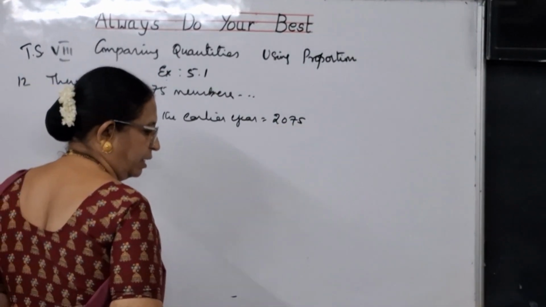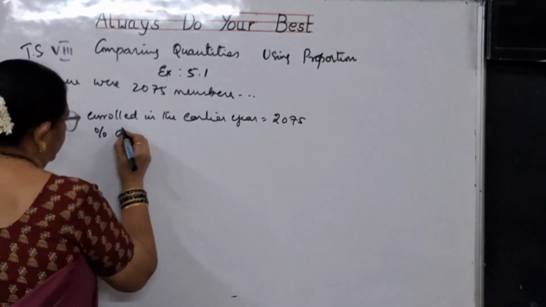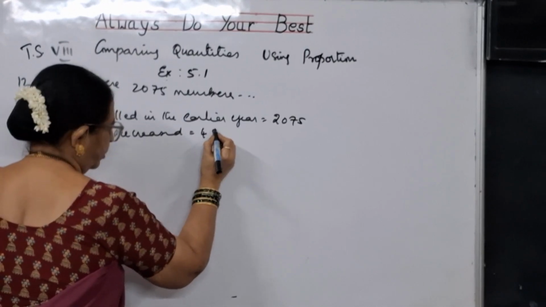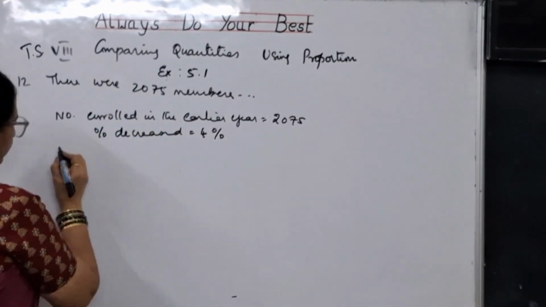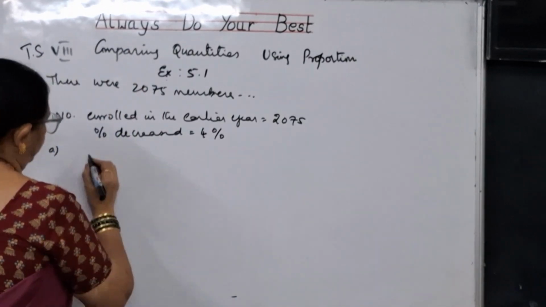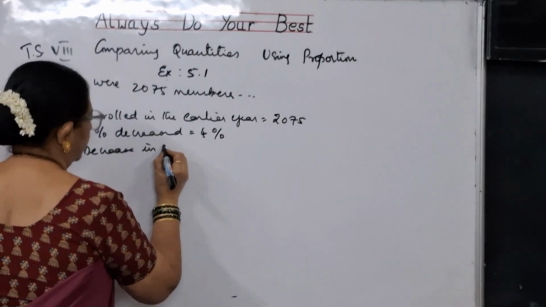Now, decreased by 4%. So the percentage decreased is 4%. So what is the first bit? Find the decrease in enrollment. A is the decrease in enrollment.